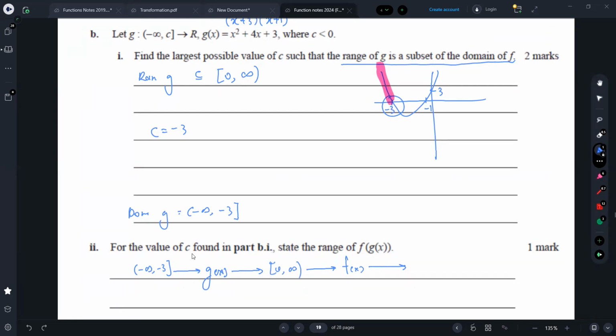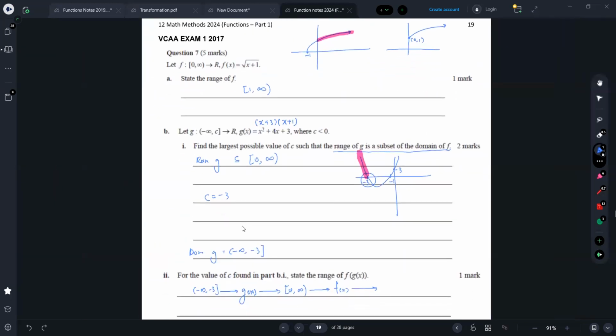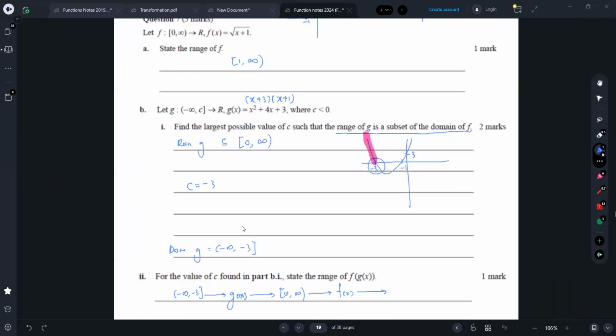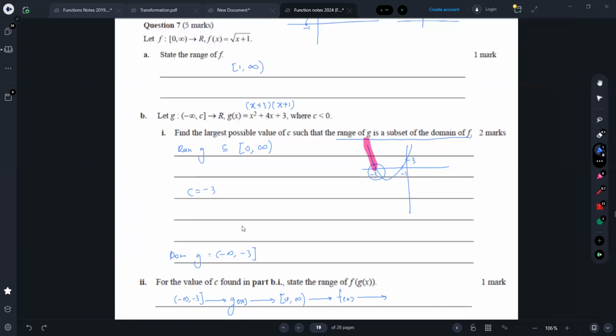Now, this thing, we're going to put that into f. Just a correction: I wouldn't call that the domain because it's not always guaranteed to be the same as the domain. It just happens to be in this case. It's just some numbers that you happen to want to put in there.